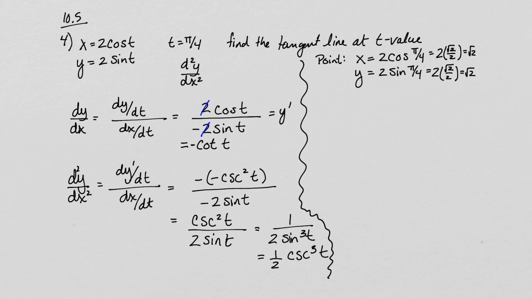And then the slope is going to be the derivative evaluated at pi over 4. So it's going to be minus the cotangent of pi over 4, and the cotangent of pi over 4 is 1, so this is going to be minus 1. Oh, yep, I dropped the negative, so this should all be negative. All of those answers should be negative. Sorry about that.